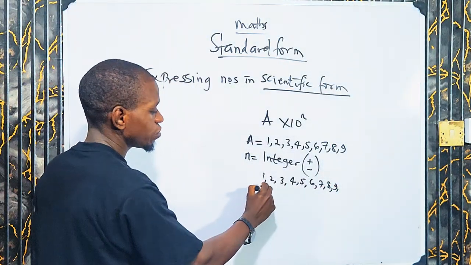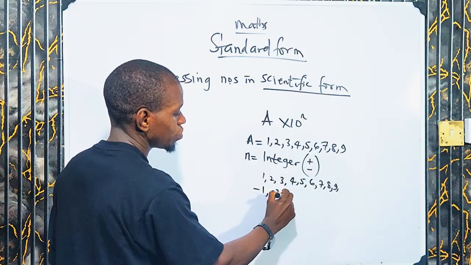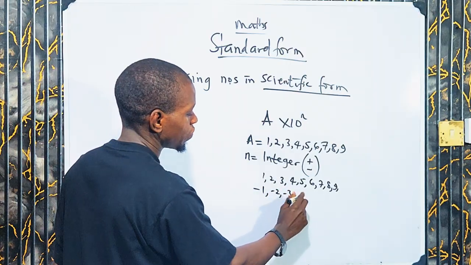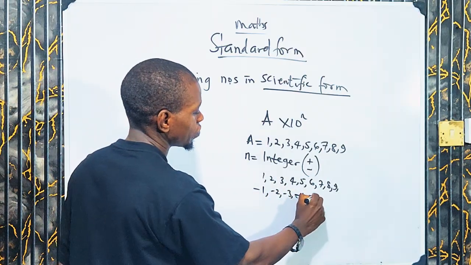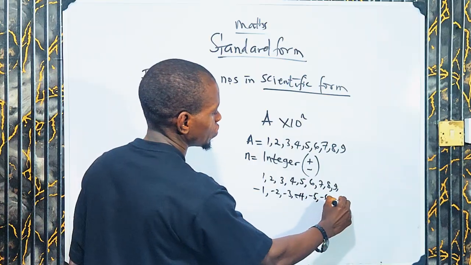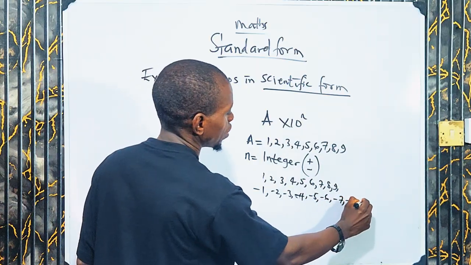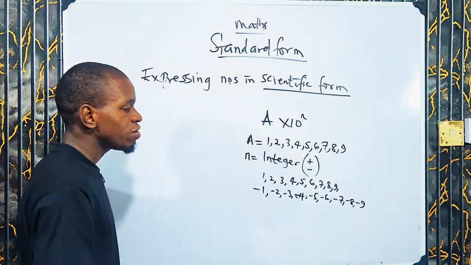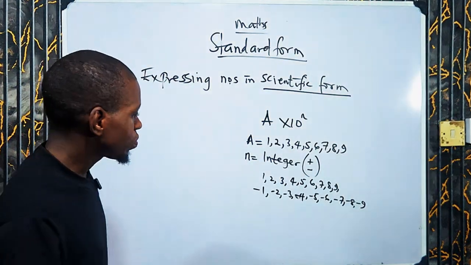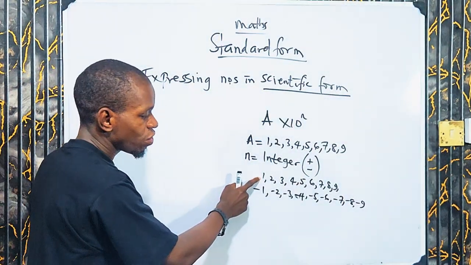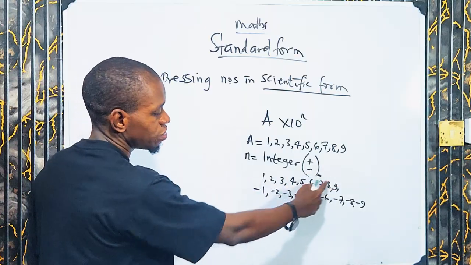Then it can also be minus 1, minus 2, minus 3, minus 4, minus 5, minus 6, minus 7, minus 8, minus 9. It can be any of these. Pay attention. I call these the positive integers.